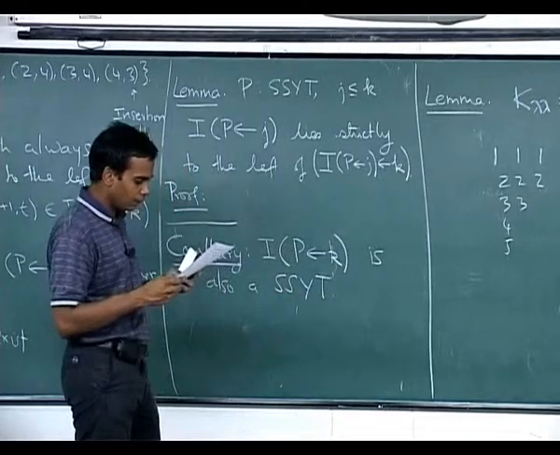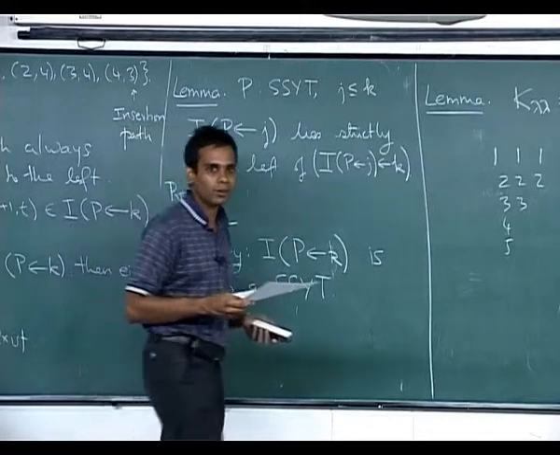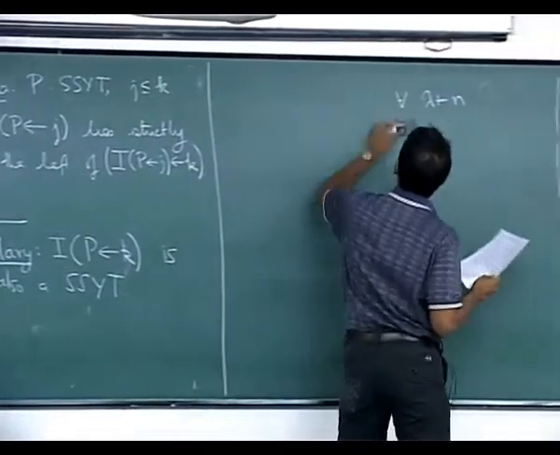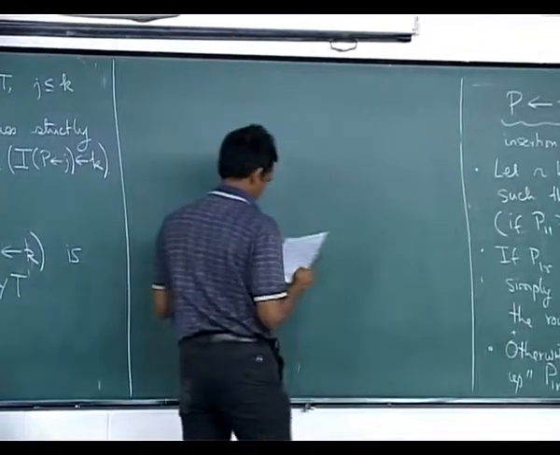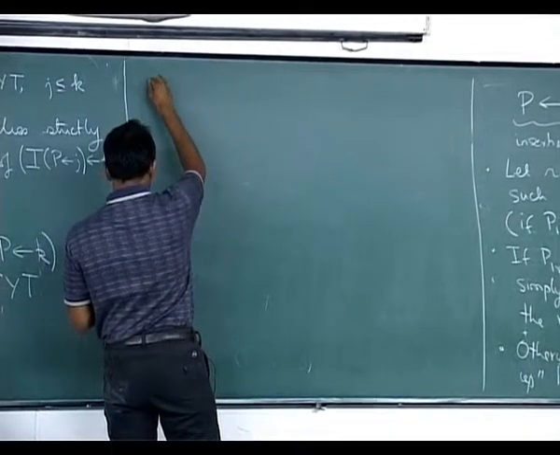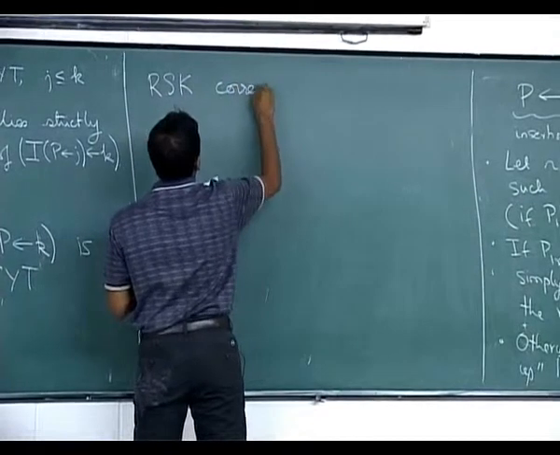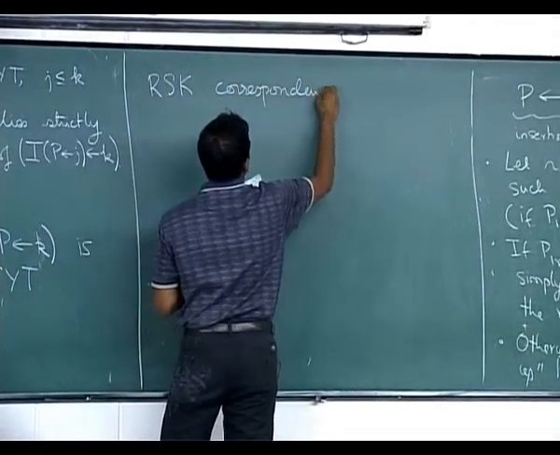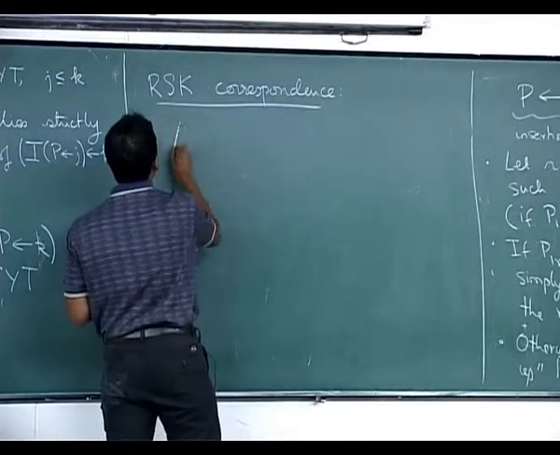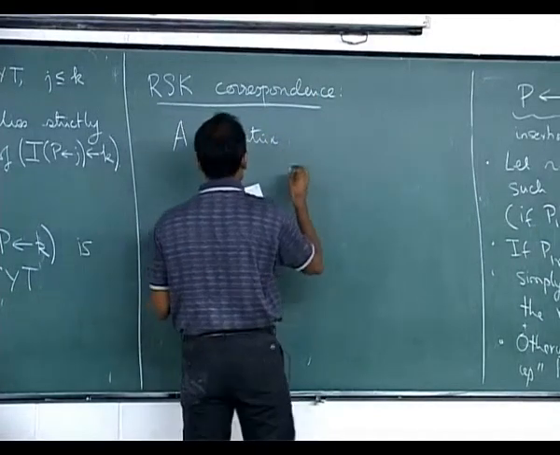Now, let me give you the construction of the RSK correspondence a la Knuth. You start with a matrix with non-negative integer entries.